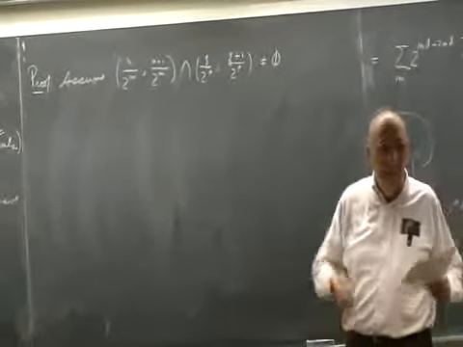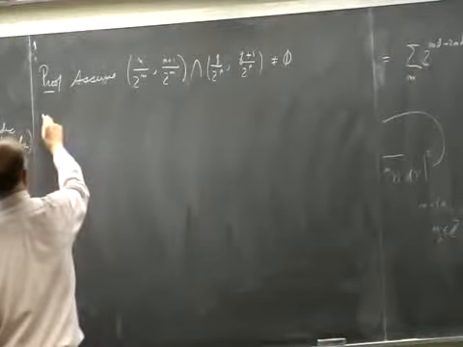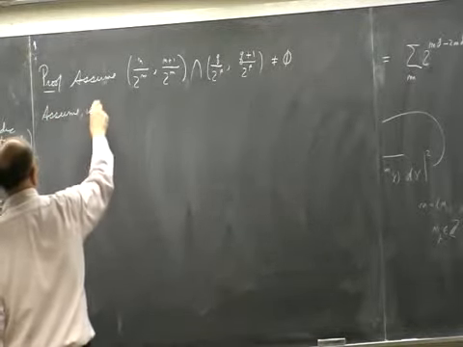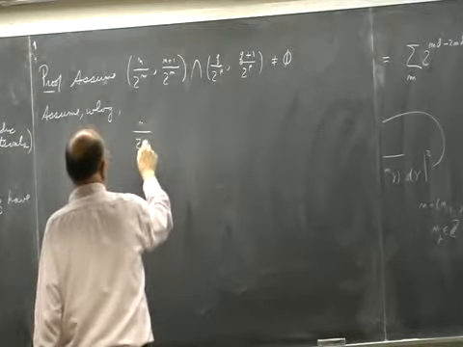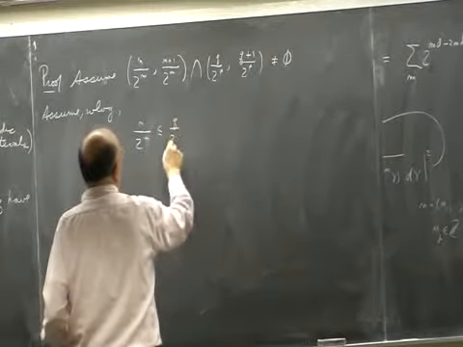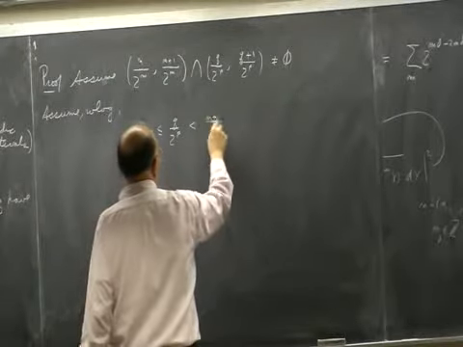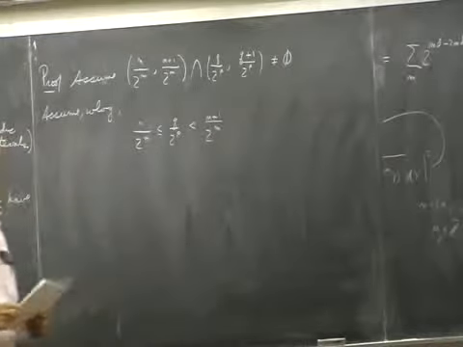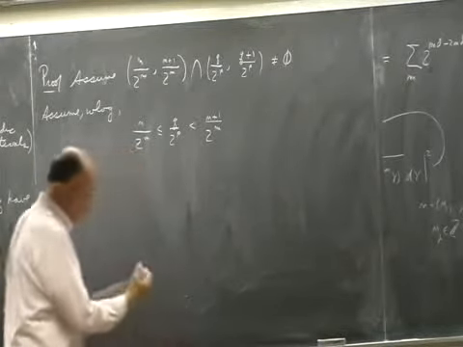Let me pick one case. The other cases will all be the same. So assume, without loss of generality, that n over 2 to the m is less than or equal to q over 2 to the p, which is less than n plus 1 over 2 to the m. Any other situation is going to be the same type of calculation that I give.